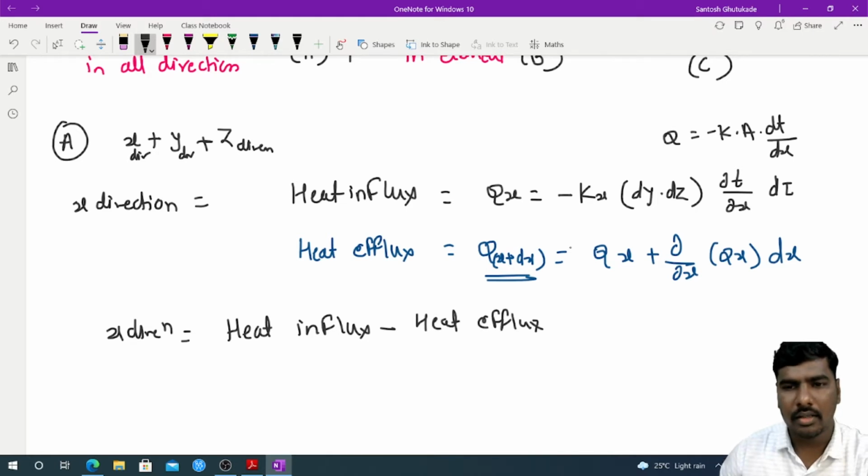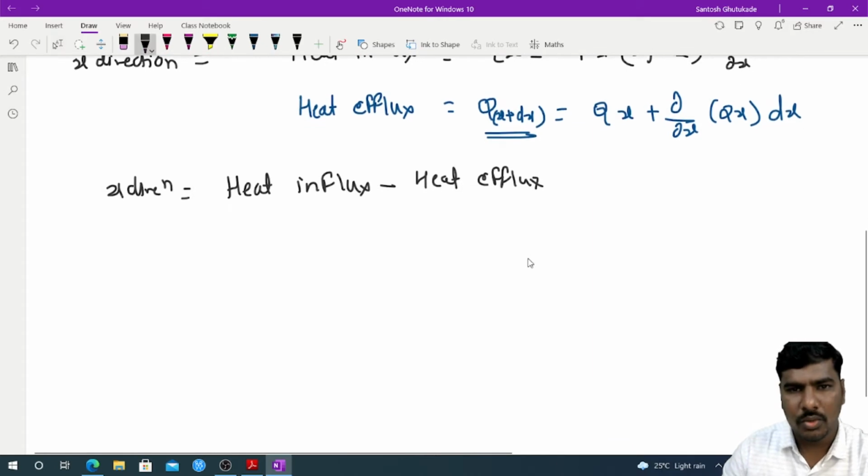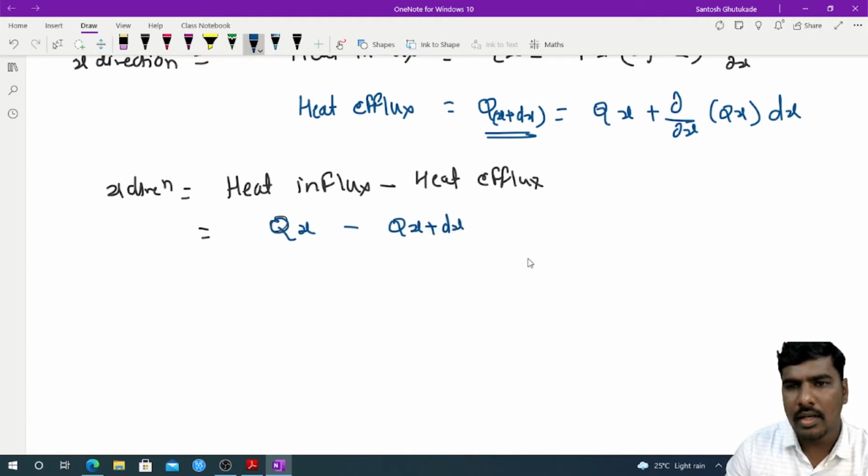I will write both the equations here. The heat influx is Qx, minus the heat efflux, which was Qx plus dx.